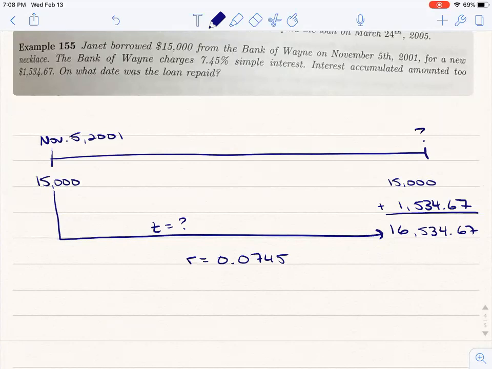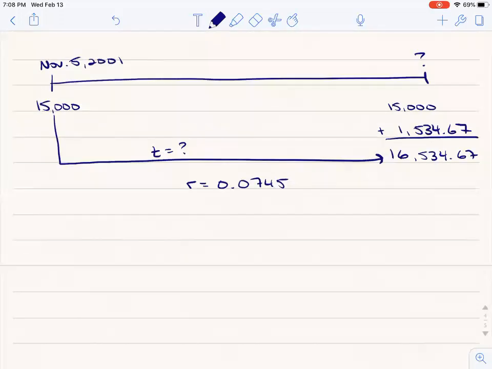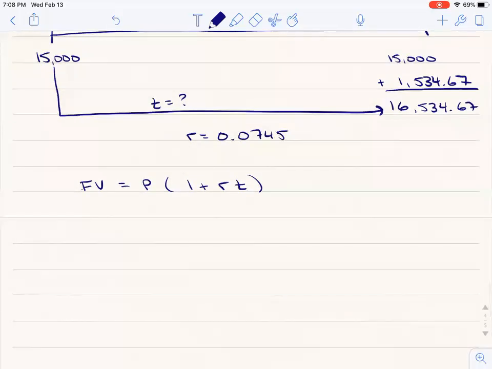So it looks like this. The future value is P times 1 plus RT. So the future value is 16,534.67. P is the 15,000 times 1 plus R, which is 0.0745, and T is the one we're trying to solve for.